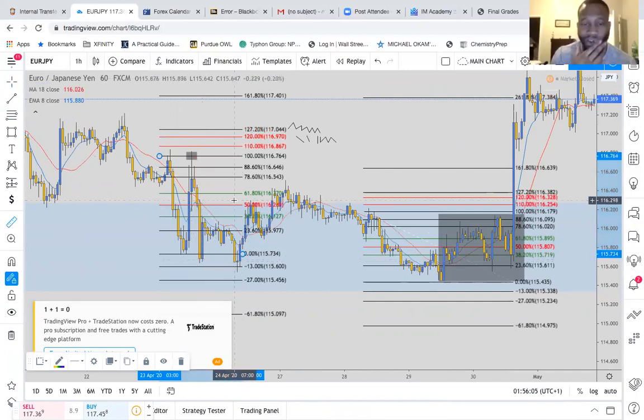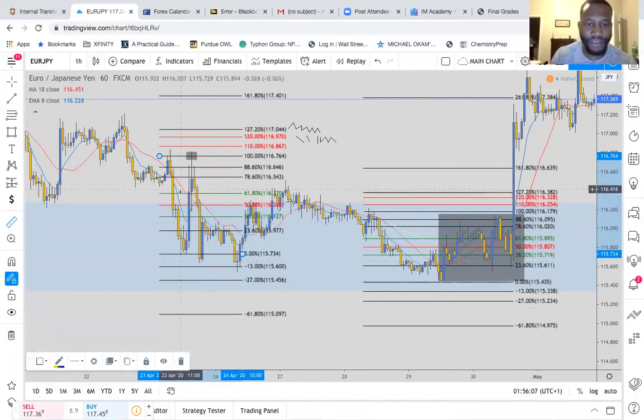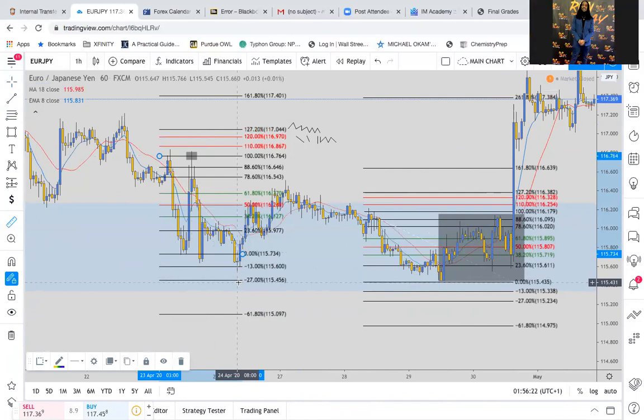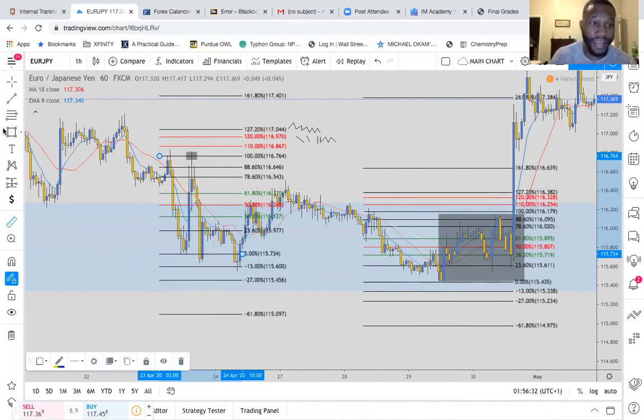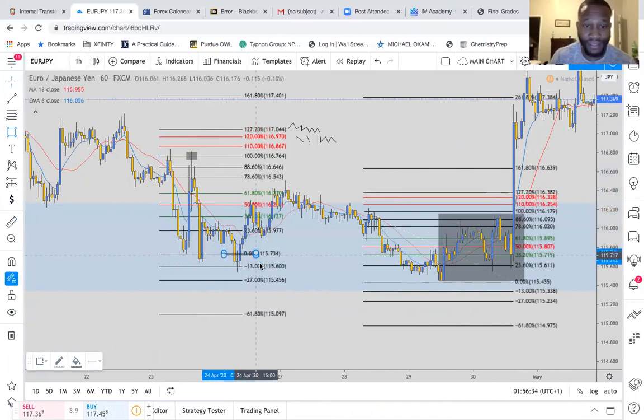And also with the Fibonacci, guys, anytime you're doing your fibs, you want to put your TPs at the negative 13% or the negative 27%. Negative 13% should be your first TP. Now my exit strategy: if I start seeing it wicking, I'm on a 15-minute or a 5-minute time frame.